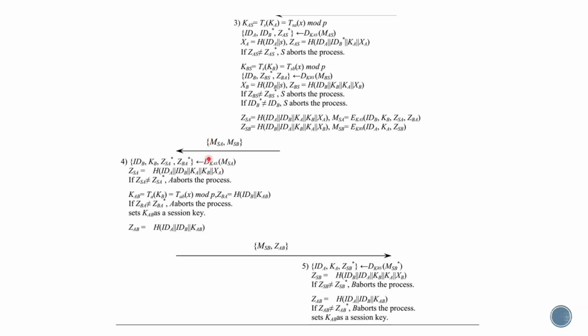After the successful authentication by the server, the message is sent back to user A. User A checks the integrity of the message, and also the signature of the server. Upon successful verification, a session key is established. This session key is used for further communication, and user A sends a message to user B, and user B also computes the similar parameters and also a session key for further communication between A and B.